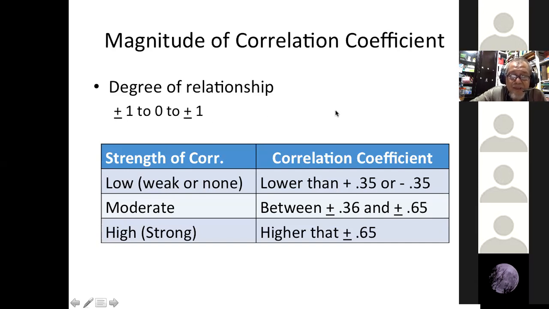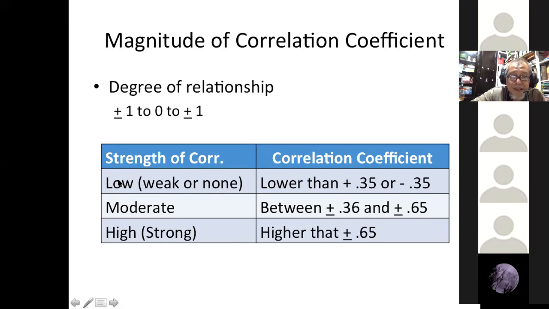If the result is more than 1, like 1.5, 1.7, that means that the calculation is incorrect. Okay, so the coefficient will be less than 1. You will never find exactly 1. Okay, that is what we call the perfect correlation.